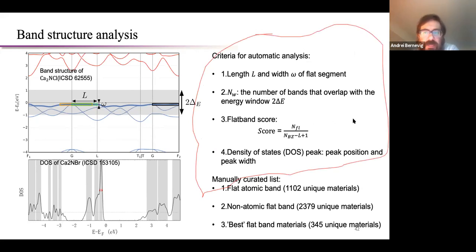If you have a length, you basically ask for the bands to be flatter on a length L, which is at least one high symmetry line in the Brillouin zone.